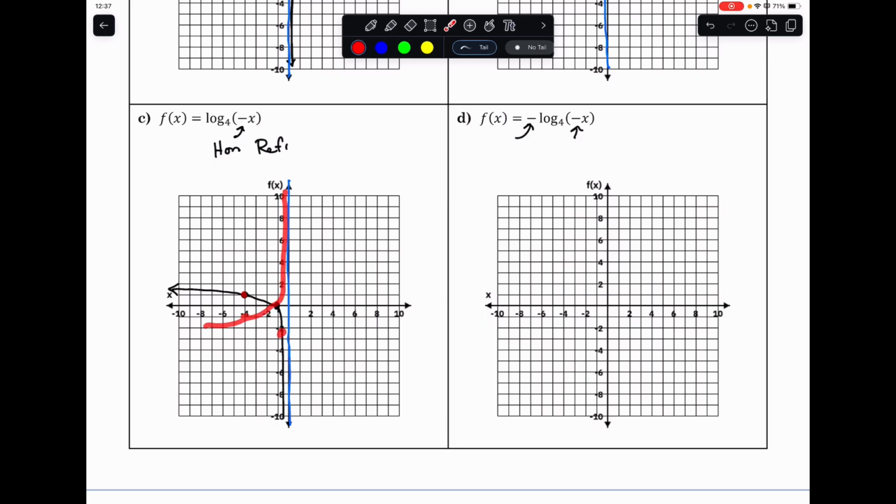So these points are going to be flipped upwards, while these points here are going to be flipped downwards. So doing both a vertical and horizontal reflection, we'll have our vertical asymptote here, and the graph from the previous example is now upside down, and the graph will look like that. So this is your reflections.